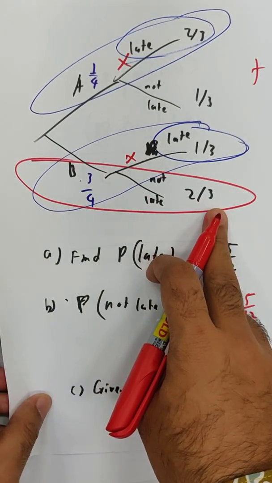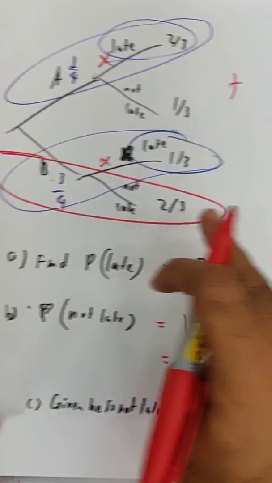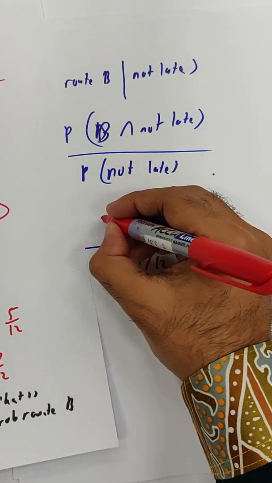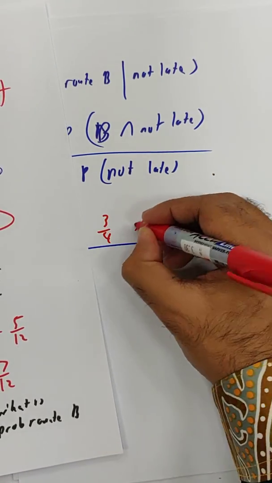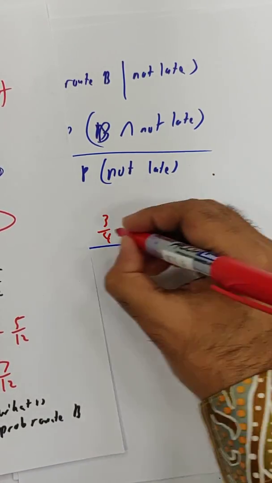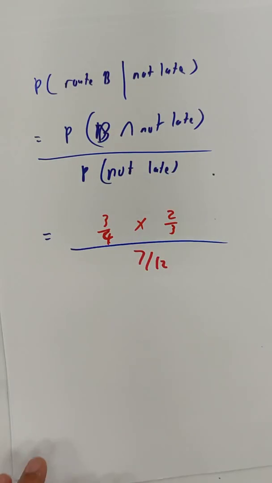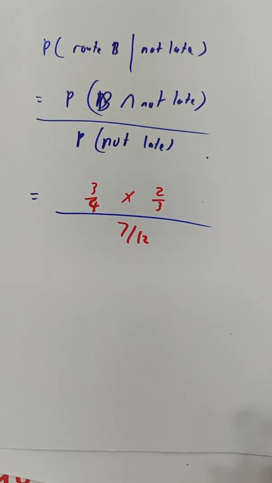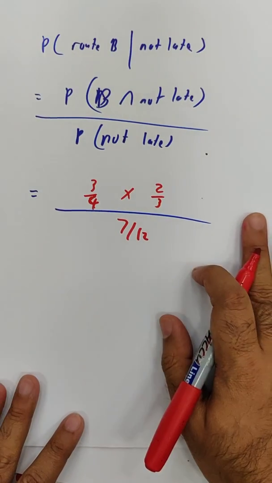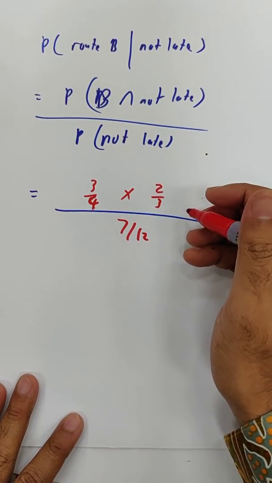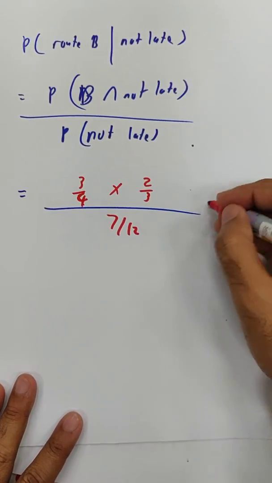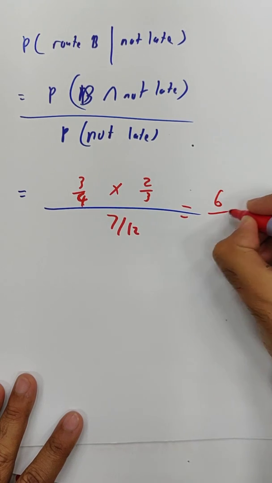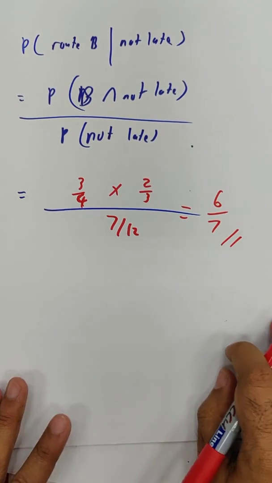So how do I calculate this one? 3/4 times 2/3. And carefully press that into your calculator, you should get your answer. 7/12. Sorry, 6/7. You okay?